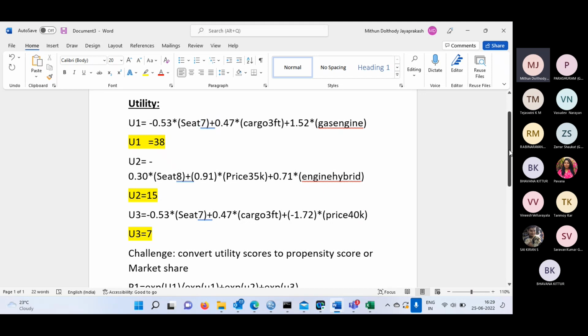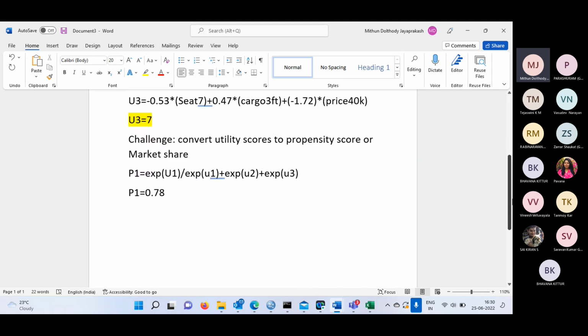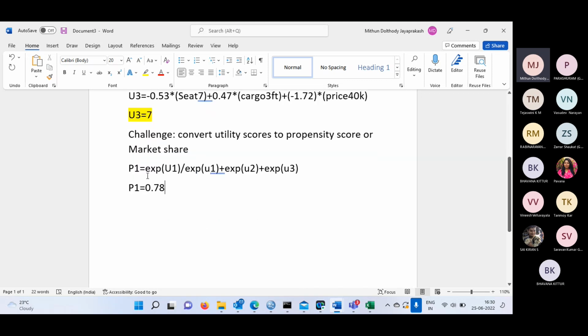So the expected market share for a vehicle with 7 seats, 3 feet cargo and engine type being gas is around 78%. This is how you can move from utility score to propensity scores or market share.